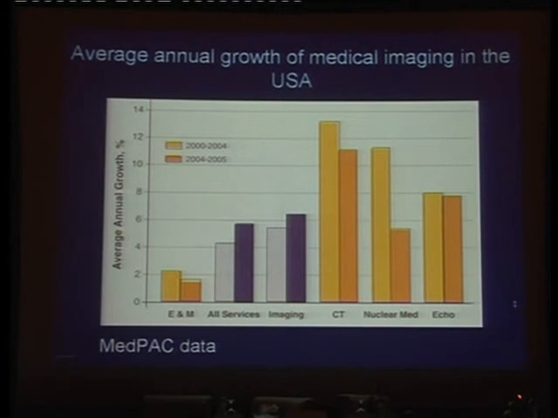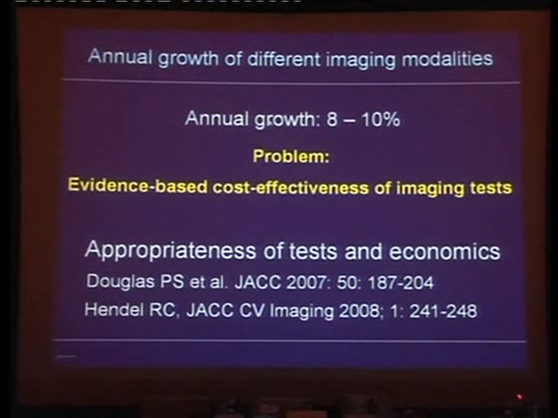But the problem is that there is an annual growth of 8 to 10%. What we need is evidence-based cost effectiveness of our imaging techniques, and that applies also to echocardiography. Therefore, there is now attention to this appropriateness.